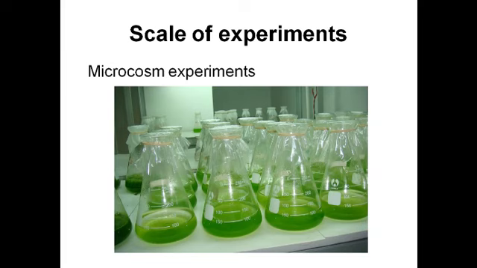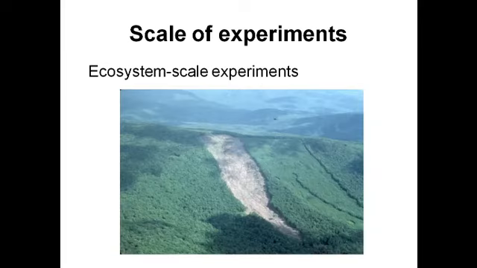The scale is very important, and sometimes ecologists do ecosystem scale experiments. In this case, you can see they cleared an entire watershed to see the impact of logging. This is the best way to do it, but is it ethical?